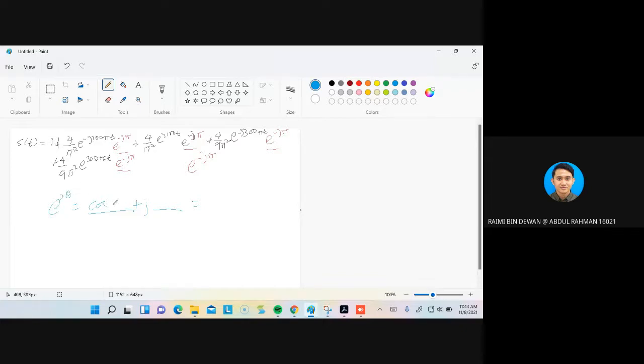How about here? This is theta. And here is sine theta.